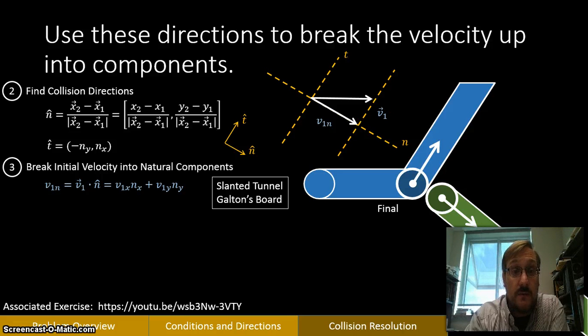So that's the x component of v1 times the x component of the normal vector, plus the y component of v1 times the y component of the normal vector, and that's going to give you this projection. You'll notice the projection is smaller, it forms a little right triangle. And all those things are part of the meaning of all this.